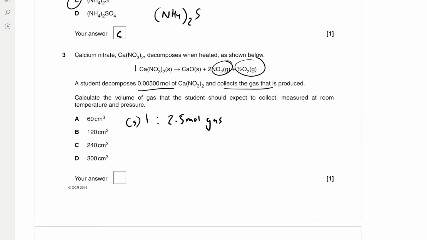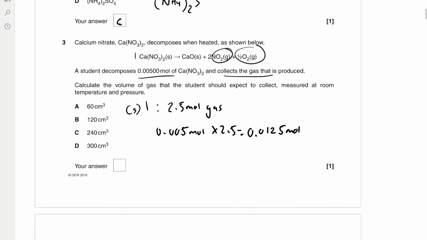So we need to times 0.005 moles by 2.5 to get the moles of gas, which gives us, if you put it into the calculator, 0.0125 moles.